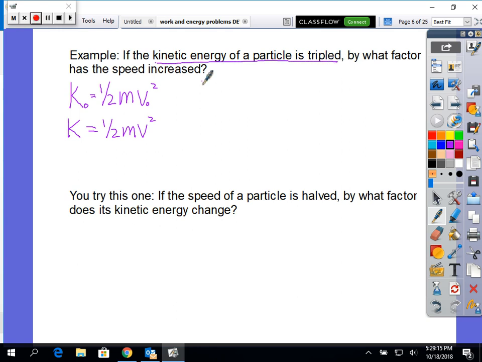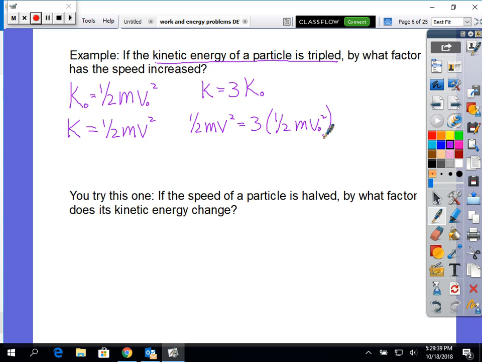So the final kinetic energy equals 3 times the initial kinetic energy. Now I'm going to plug these expressions in for K and K naught. K is 1/2 m v final squared. That equals 3 times 1/2 m v naught squared.